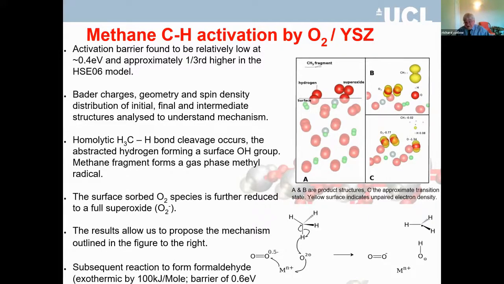So the oxygen molecule is there as almost a spectator to receive this electron, and you get this hydroxylated surface. And there's some indirect experiment to support that. Now, we're doing a lot more work on the later stages of this reaction.